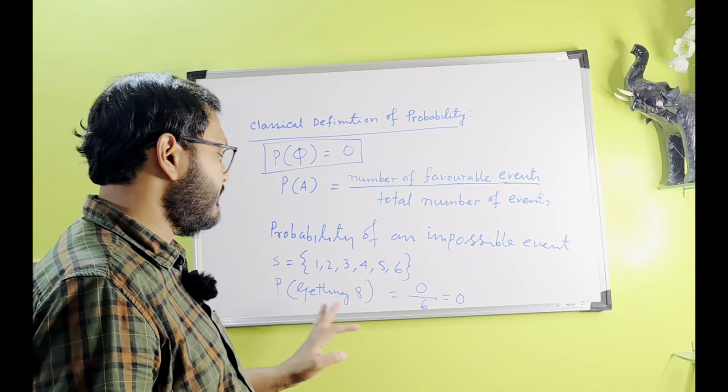Whatever subset you take, the set of even numbers, the set of odd numbers, the set of prime numbers, the set of numbers less than 6, whatever kind of event you take, its cardinality will not be more than the total number of events.